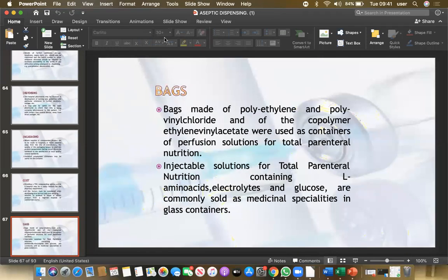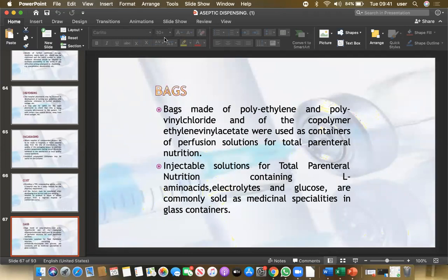Bags. Bags made of polyethylene and polyvinyl chloride and of the copolymer ethylene vinyl acetate were used as containers for perfusion solutions for total parenteral nutrition. Now, there are special types of containers in which the drugs are dispensed or prepared.